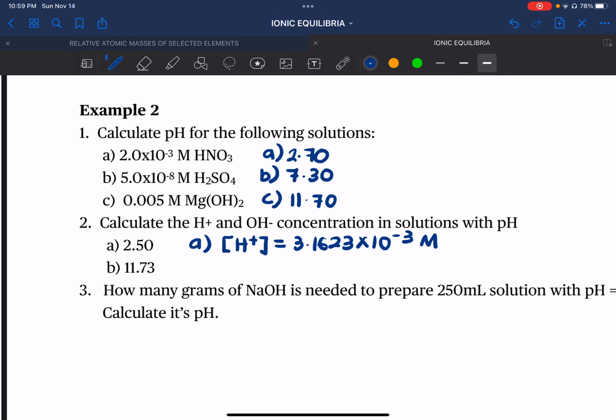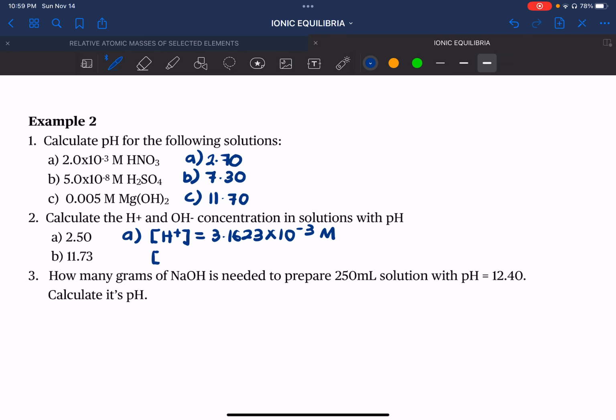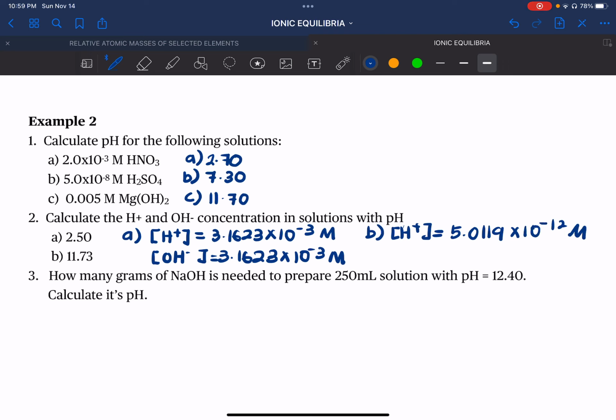Okay. Untuk kandungan OH minus, you sepatutnya dapat benda yang sama. Okay. For B, cuba cari sekejap the concentration of H plus. You should get 5.0115 exponent negative 12 molar.